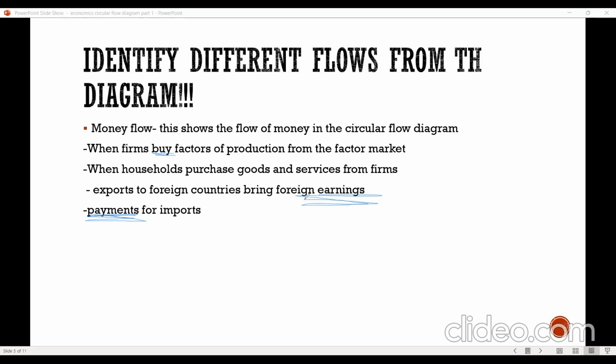Wherever we are buying, wherever we are paying, wherever the exchange of money is taking place, this is regarded as a money flow in the circular flow diagram. Some examples are when firms buy factors of production from the factor market, when households purchase goods and services from firms, exports to foreign countries, when bringing foreign earnings, that is money flow, payments for imports, money flow. Moving forward.